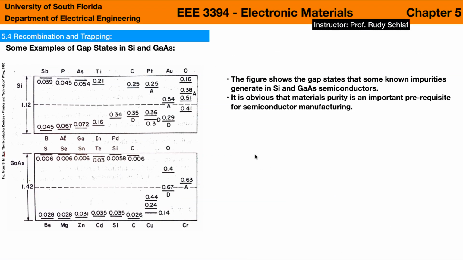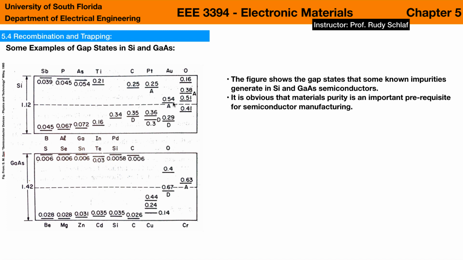Here you see some example of such gap states. This is for silicon, and these here are for gallium arsenide. Gallium arsenide has a band gap of 1.42, silicon of 1.12. And so you see here, depending on what element is doing the impurity in the material, we get states that have different energies relative to the band edges.